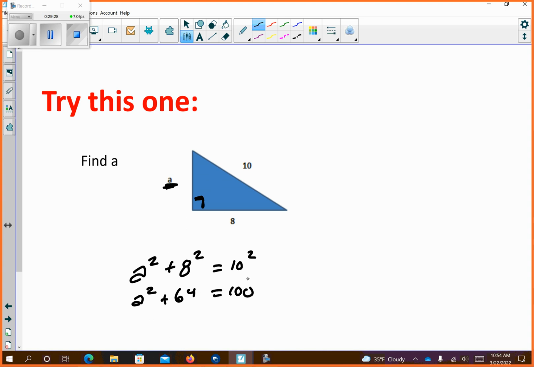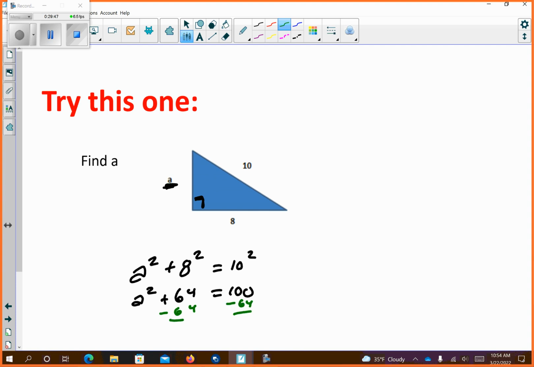Is there any part of that you're not sure about? 8 squared is 64, 10 squared is 100. I don't have any square root signs that are taking place yet, do I? Hey, what should I do to get the a squared all alone? Good. Subtract the 64 from both sides.